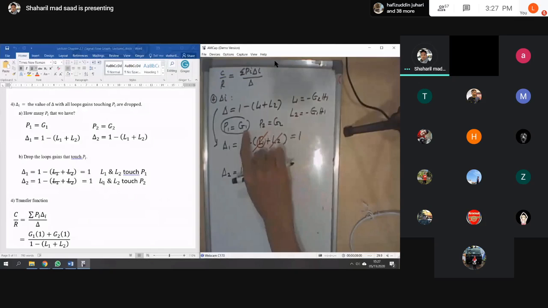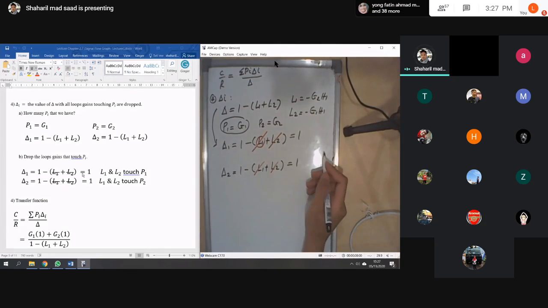L2 also is touch the G1 also. So that means for delta 2, L1, it also touch the forward pass gain drop, and L2 also touch the forward pass gain drop. So now you got it is 1.